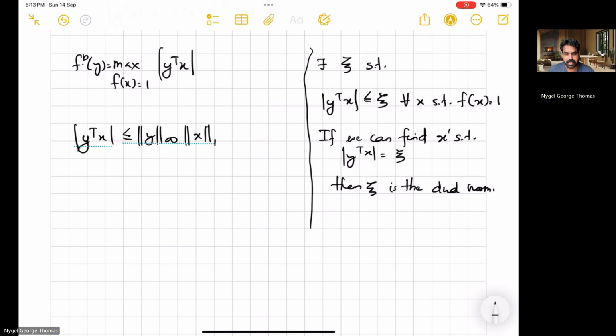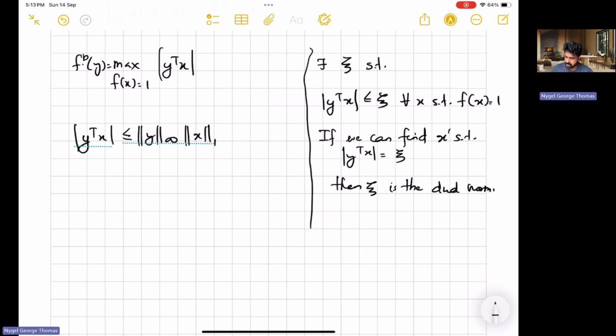Can we use a similar sort of relation, since we've already seen how we derived this, to prove that the dual of the L1 norm is the infinity norm?